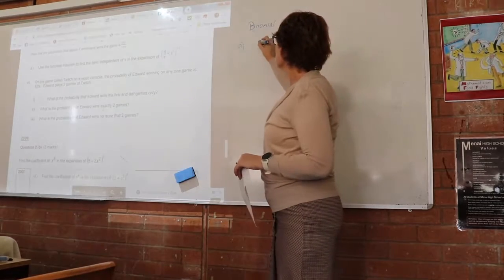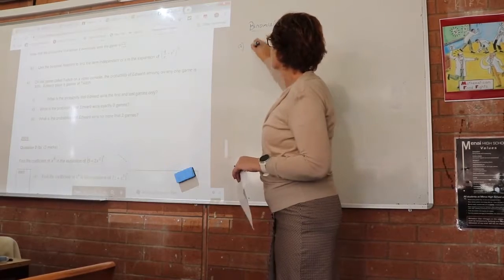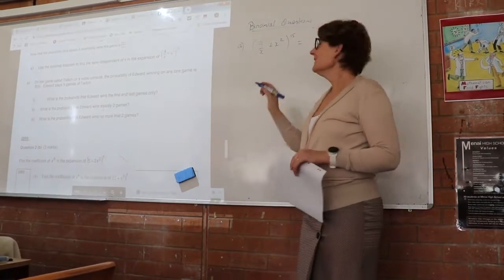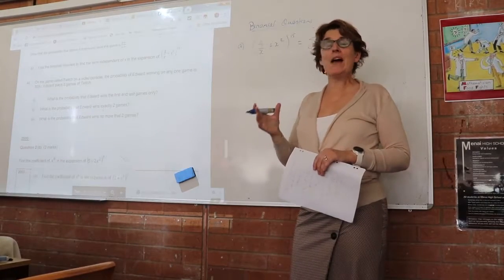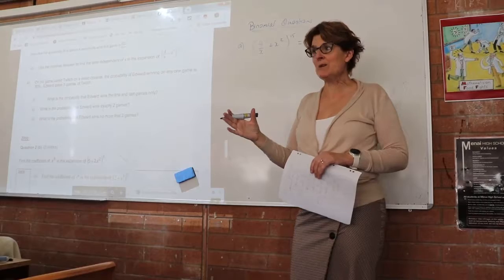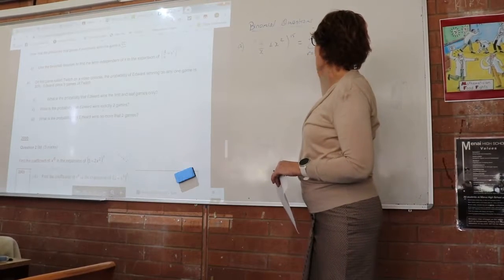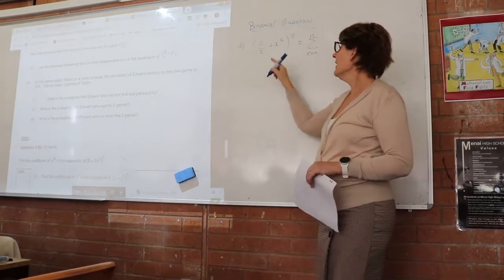Now my suggestion is for 90% of these kinds of questions, it is a really good idea to write them in that sigma notation, to come up with that general term, and then you can see which term you actually want. So we start with r equals 0, we're going up to 15.